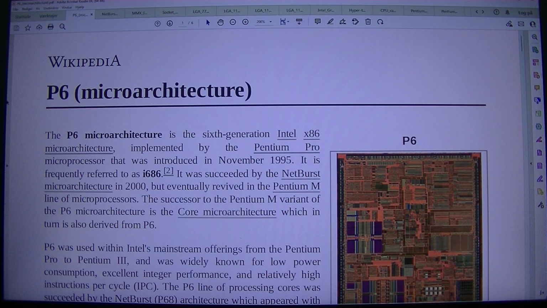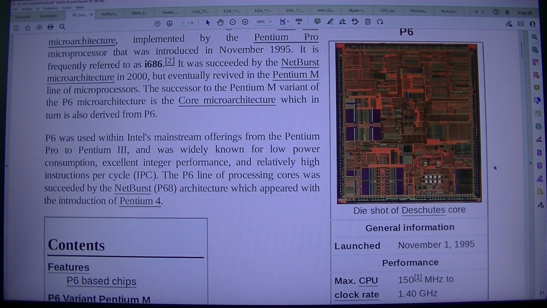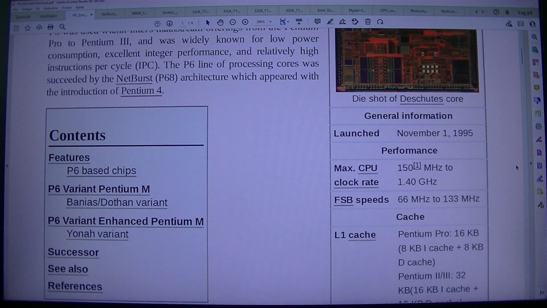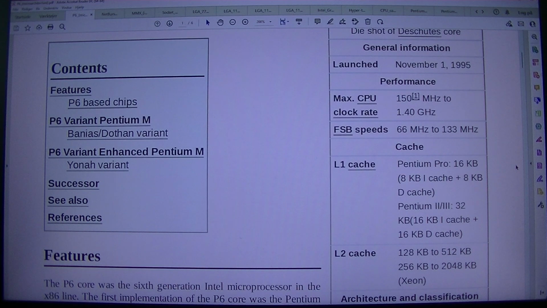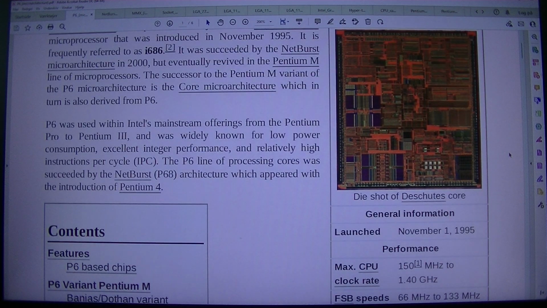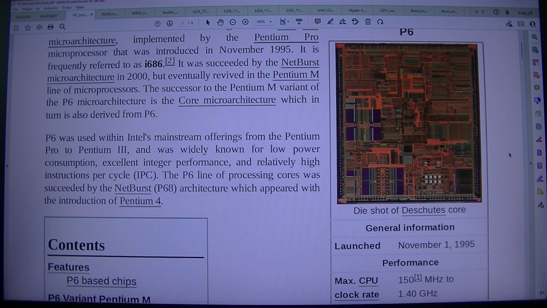P6 microarchitecture. P6 Intel at 250 nm, P6 die shots, Pentium 2 Flip-chip, PB713539-001 DSCX1 polysilicon microscope stitched at 5x, 38025161182.jpg. Die shot of P6 core. General information: launched November 1, 1995.